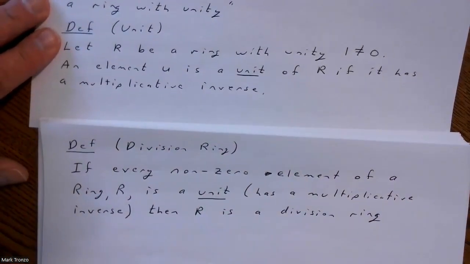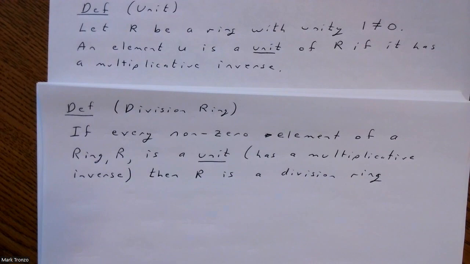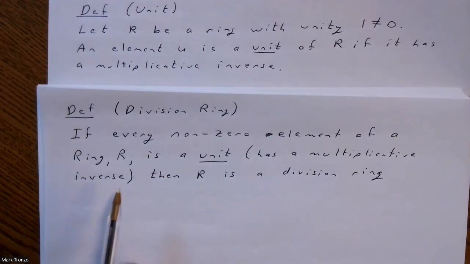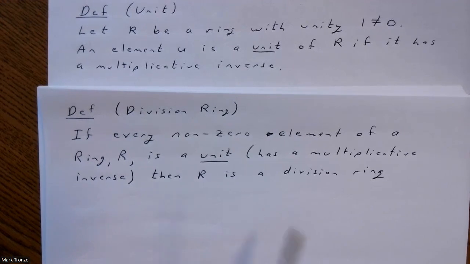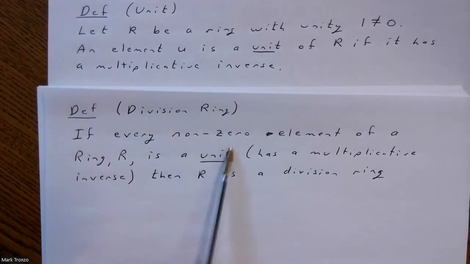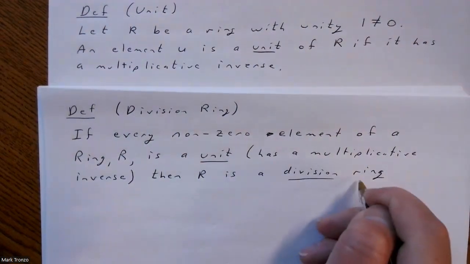Again, if every non-zero element of a ring is a unit, in other words, if every element has a multiplicative inverse except 0, we're eliminating 0, then this is called a division ring.